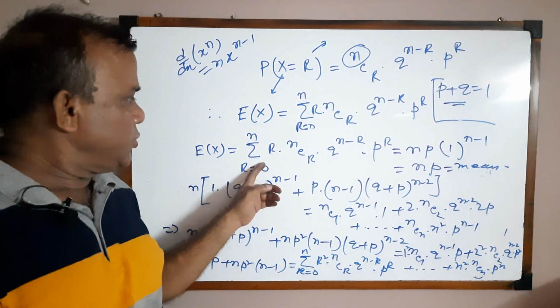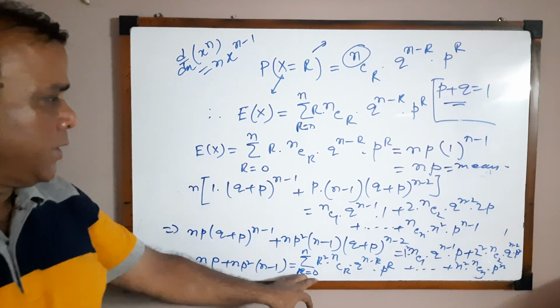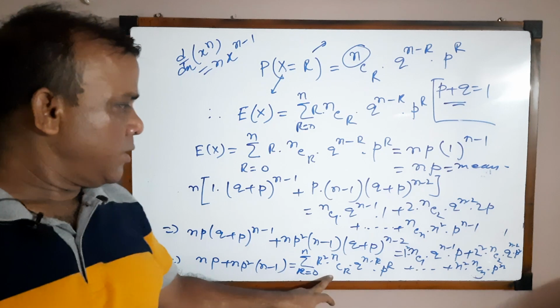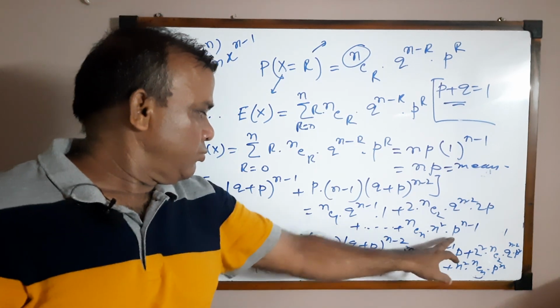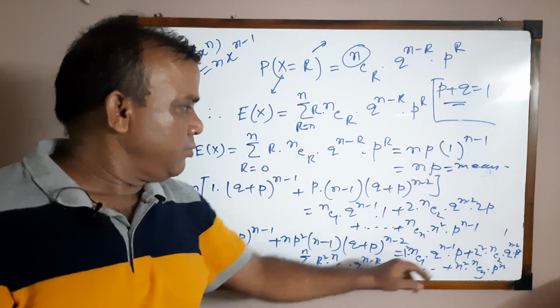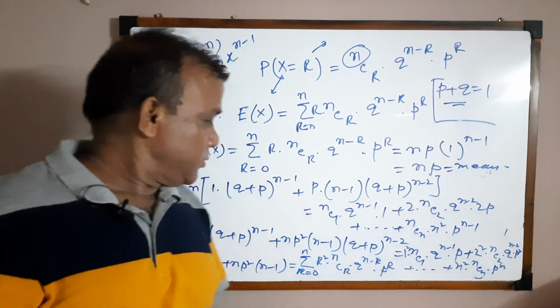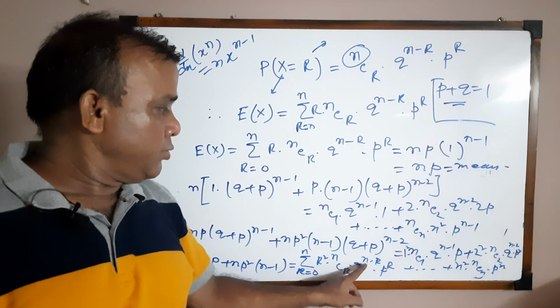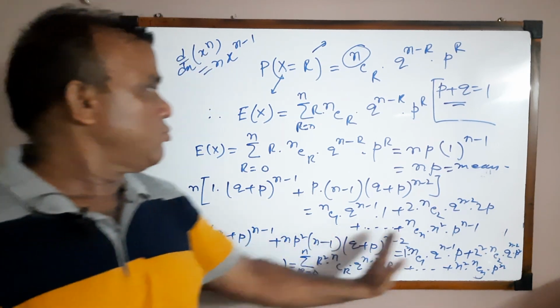When r equals 0, 0 into something is 0. When r equals 1, 1 square into nC1 into q to the power n minus 1 into p to the power 1. When r equals 2, 2 square nC2 into q to the power n minus 2 into p square, and so on.